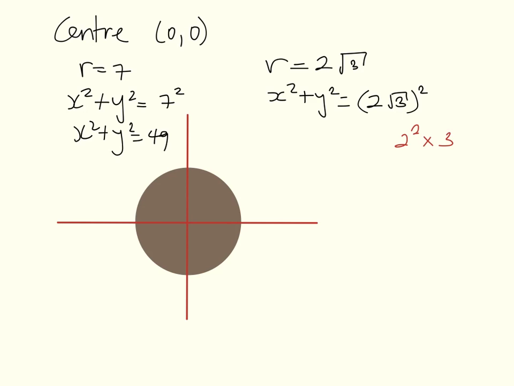Just to give you a quick explanation, that's because square root is to the power of a half, and when you multiply a half by 2, it becomes 1. So it'll just become 3 there. That's going to give us a final answer of 2 squared is 4, times 3 is going to give us 12. So that was a 12 there.